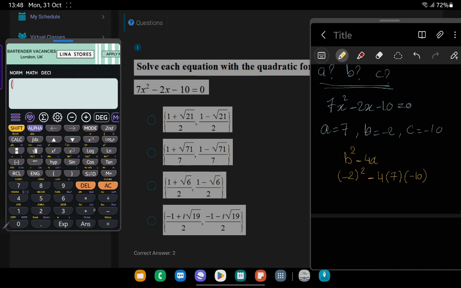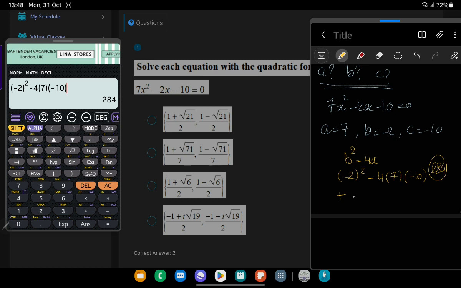Negative 2 squared minus 4 times 7 times negative 10. So the answer is 284. This is a positive answer.